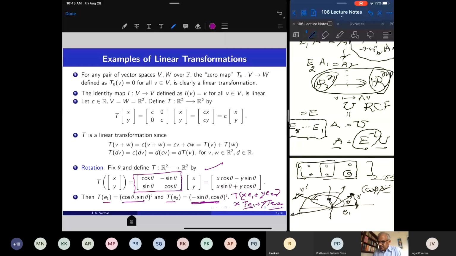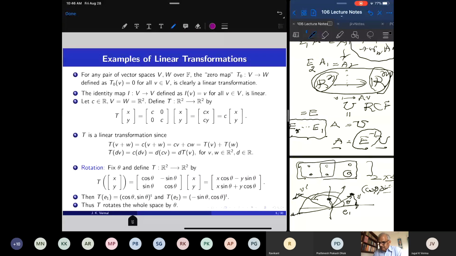This 2 by 2 matrix, with rows (cos theta, minus sin theta) and (sin theta, cos theta), multiplies the vector (x, y), producing the rotated vector. (x, y) is the input, and you rotate by theta in the anti-clockwise direction; the output vector is this, and it can be obtained by pre-multiplying the given vector by this 2 by 2 rotation matrix. So T rotates the whole space by theta amount.